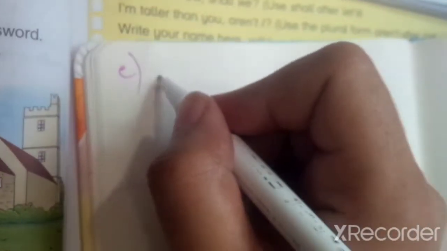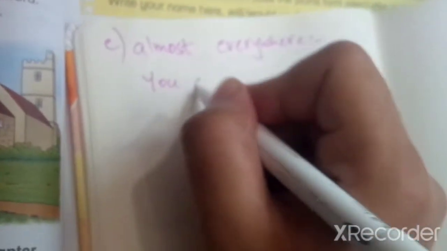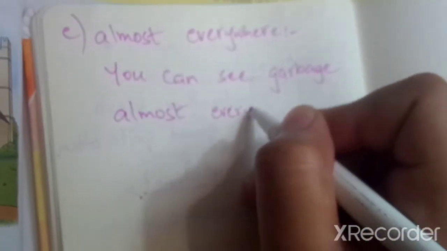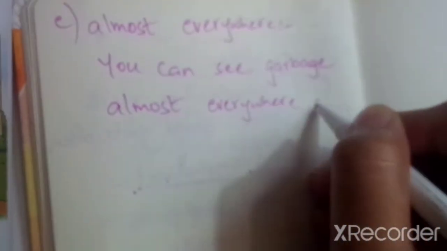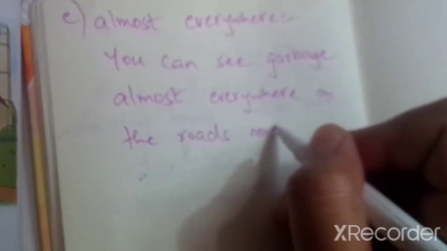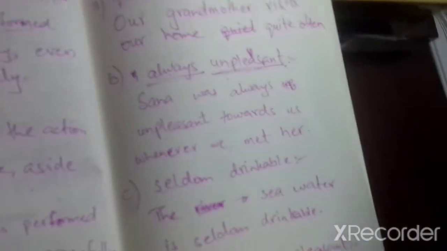And the last part, E part, that I will be doing for you is almost everywhere. You can see garbage almost everywhere on the roads nowadays. Now see, I used some of these in sentences of my own.